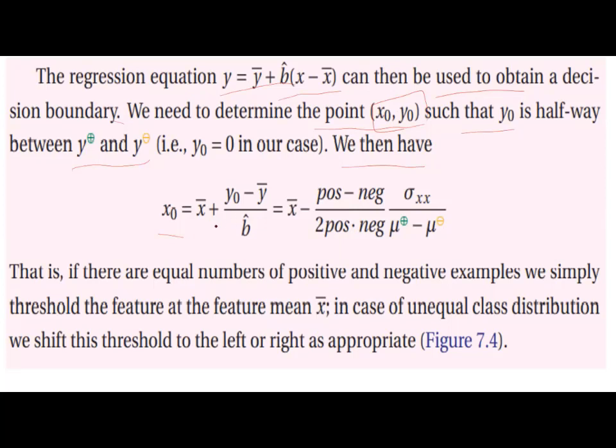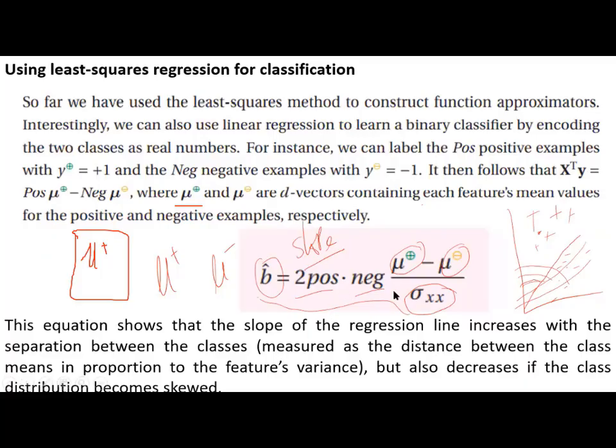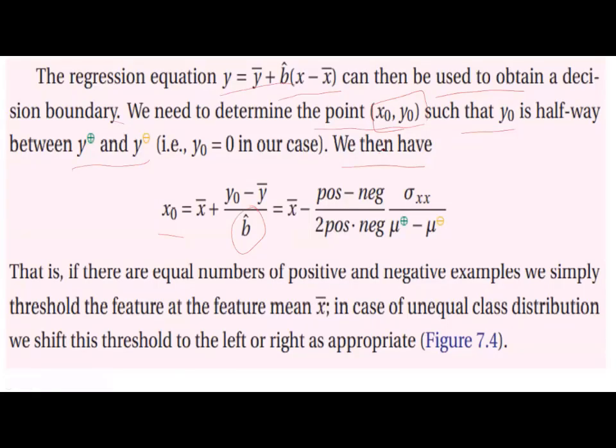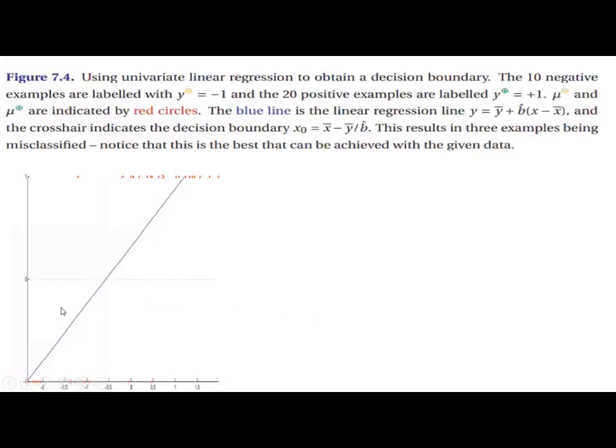If we replace b hat with this formula, we come to a conclusion: x naught is equal to x bar minus (y positive plus y negative) by 2, into rho square x by (mu positive minus mu negative). That is, if there are equal numbers of positive and negative examples, we simply set the threshold at the feature mean x bar. This is how it is.